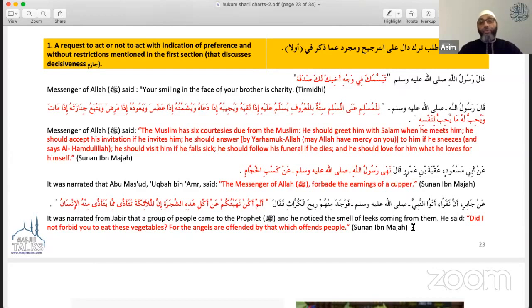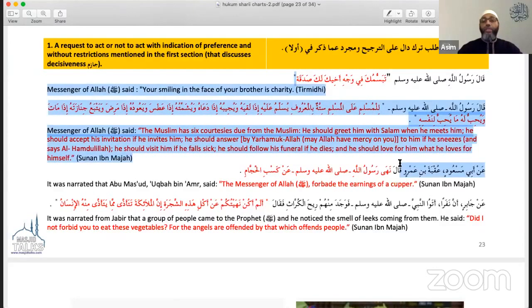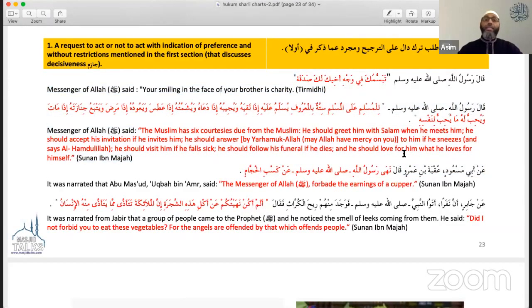So like the first two that we talked about, in those two categories Rasulullah sallallahu is asking us to do something without decisiveness, so they come in the category of the mandub or the sunnah actions.